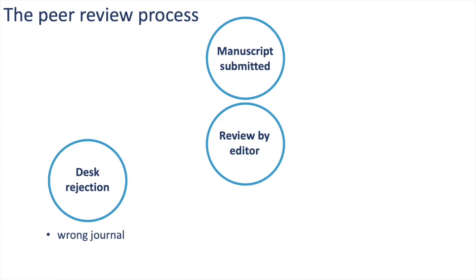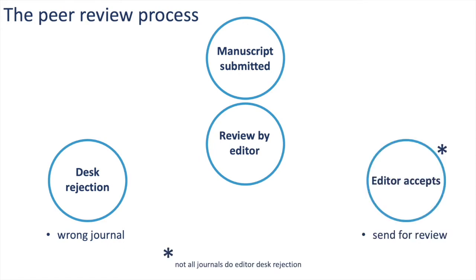One is called a desk rejection, and that normally happens if you've picked the wrong journal, or in your cover letter you didn't explain well enough why your paper should be published by this journal. The other outcome is that the editor accepts your manuscript and will send it for review. As I said already, not all journals will have an editor, but most of them now do have some sort of editorial process in place to help with this initial filtering of manuscripts.